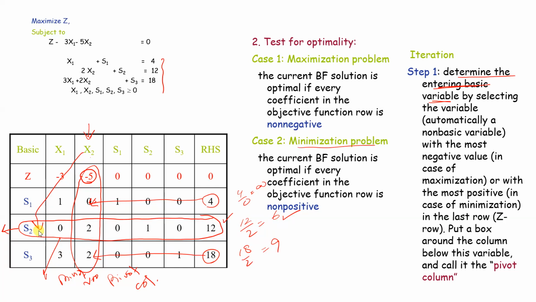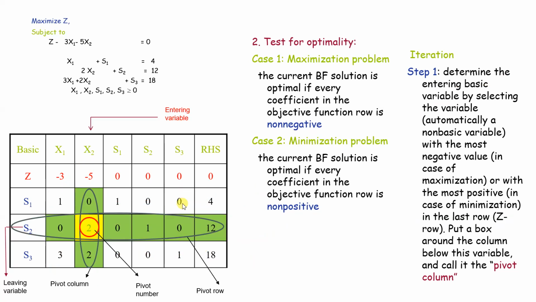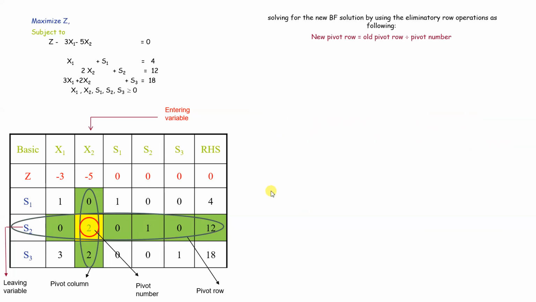The new pivot row will become the old pivot row divided by the pivot element, which is the intersection of the pivot column and pivot row. That is, to get the new pivot row, we have to divide this pivot row by the pivot element.